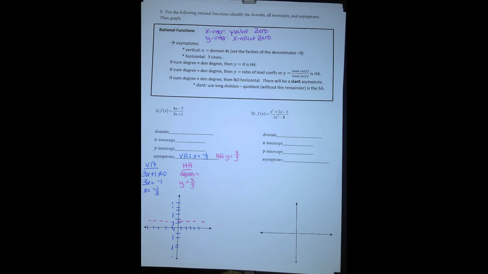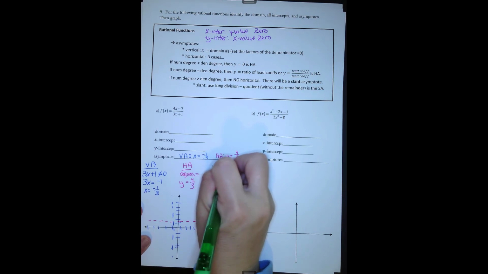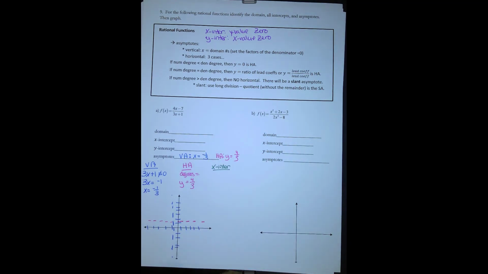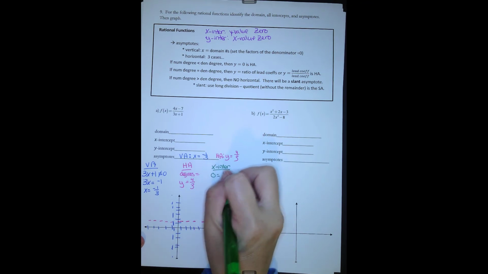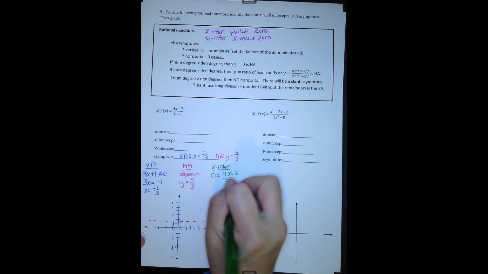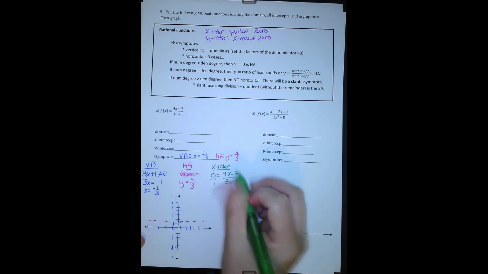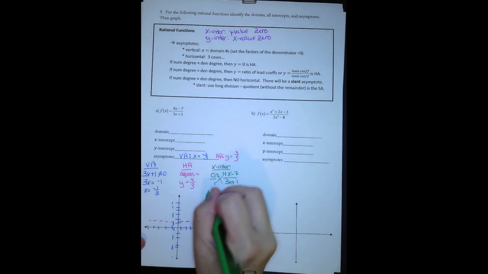Well, now we're going to go ahead and find our x and y intercepts. So our x-intercept, if we remember, our y value is 0. So we have 0 equals 4x minus 7 over 3x plus 1. I'm going to put that over 1. Find our cross product.